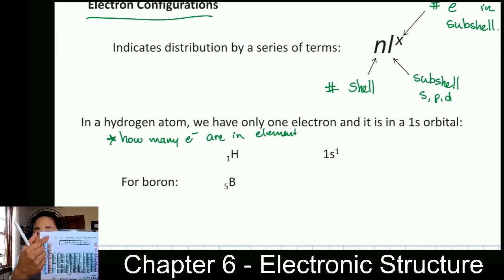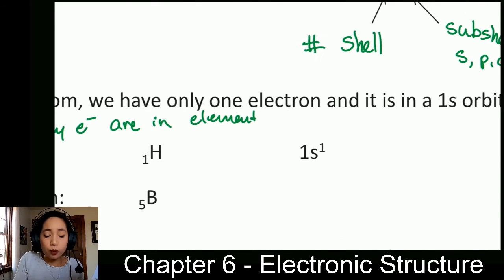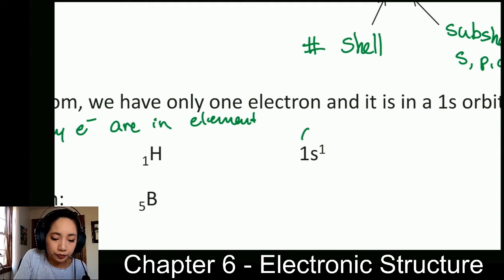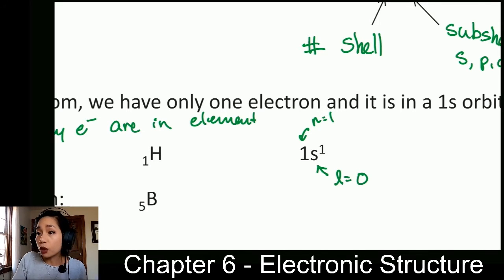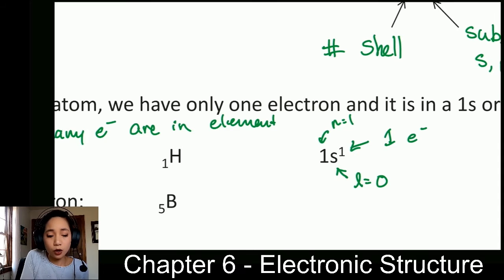And so hydrogen is in our s block, and we start at the beginning. So we write essentially that the location of that electron is in an n equals 1 shell. It's in an l equals 0 subshell, or an s subshell, and then there's only 1 electron in that subshell, because we only have to place one electron.